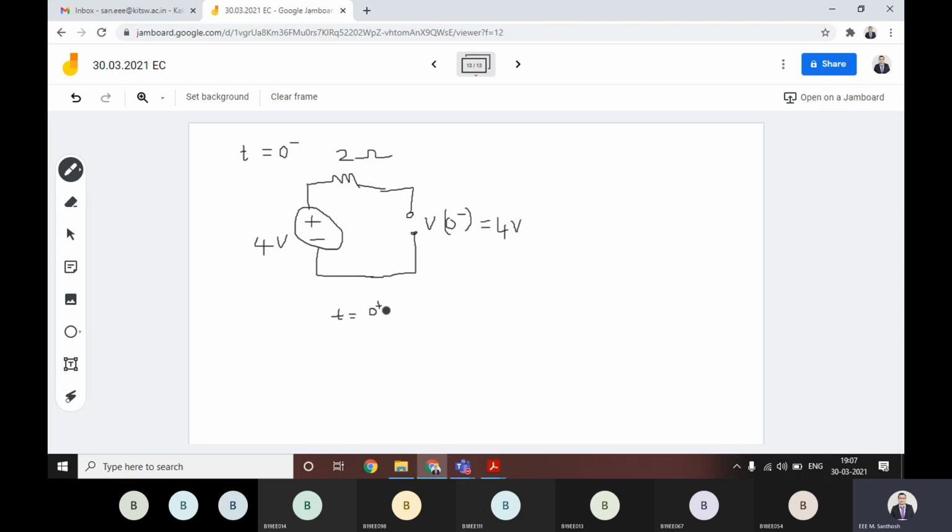At t is equal to 0 plus, how will the circuit be? Can anyone tell us? This voltage source will be there. That means at 0 plus, what happens with the circuit? How does it look? This is 4 volts.